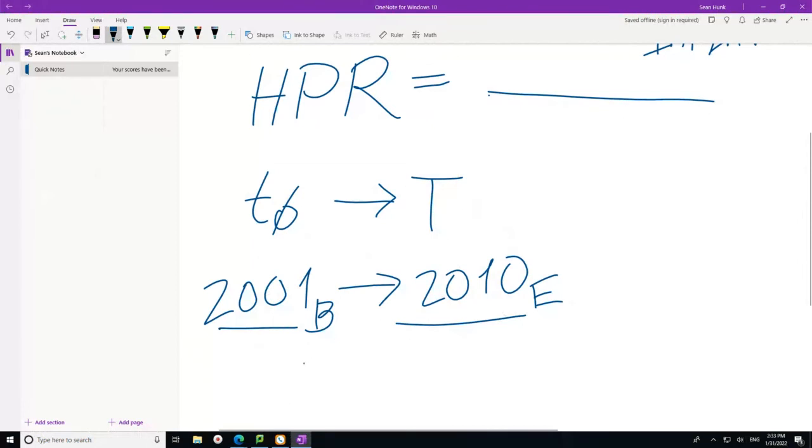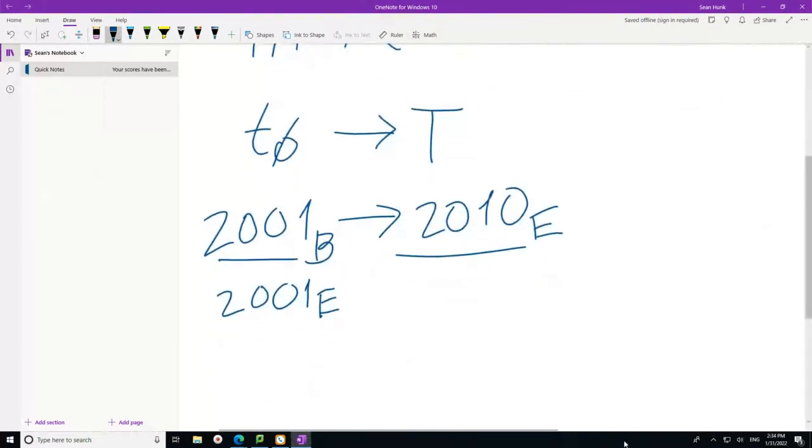Now, if we bought this stock at the end of 2001, that is not time zero, that is time one. Okay, this will be time one.